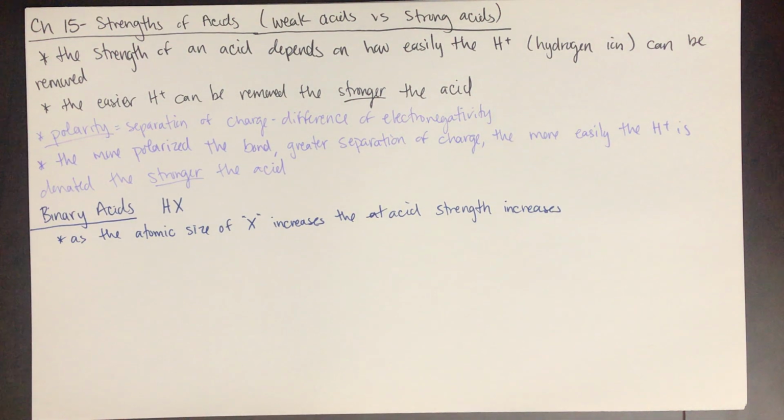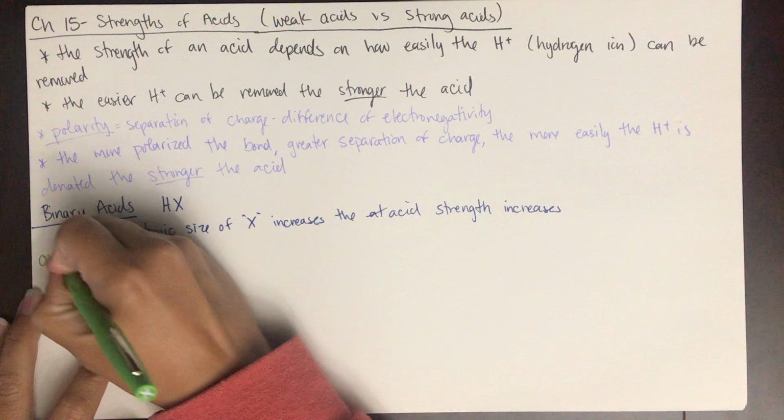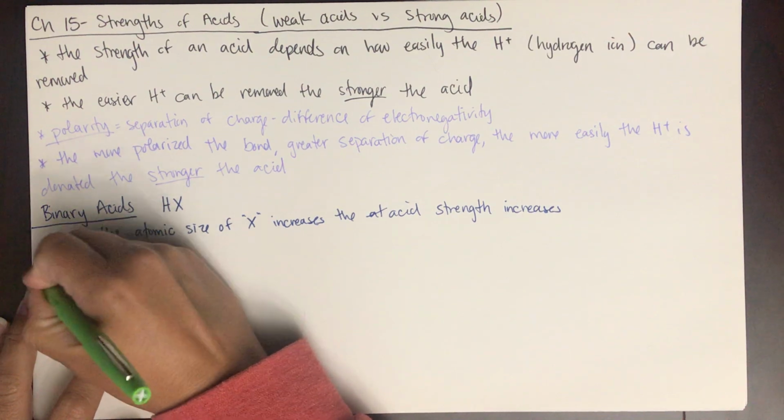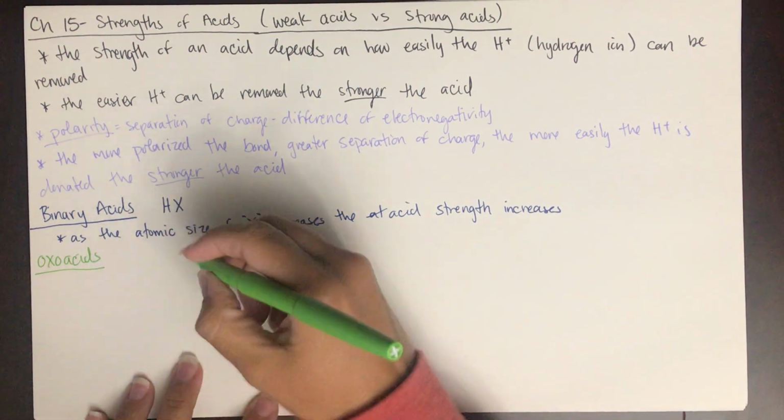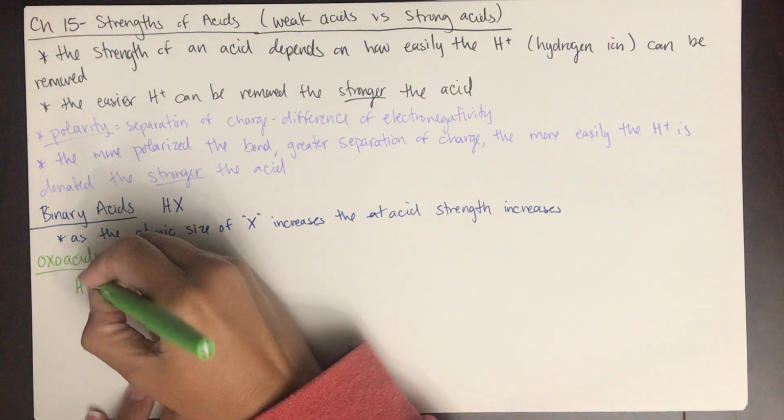Another trend is with oxo acids. Oxo acids are acids that include oxygen. The more oxygens there are, the stronger the acid is. So for example, let's just look at an example here.